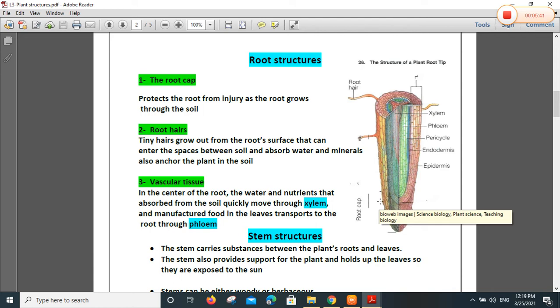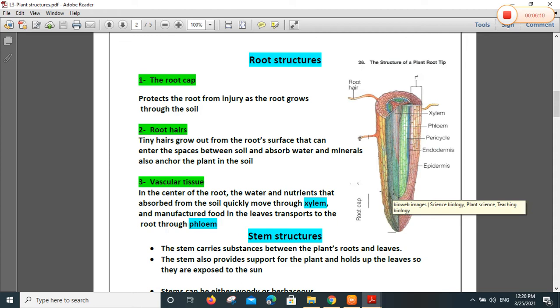I can find the xylem and the phloem in the stem, and also in the leaf of the plant, because it's vascular tissue responsible for transferring all the materials the plant needs. We find it in the center of the root, the phloem and the xylem together.